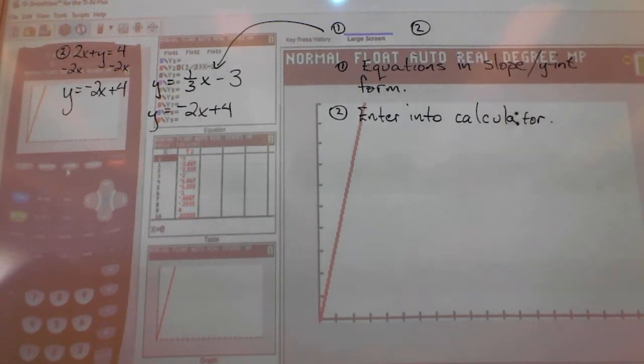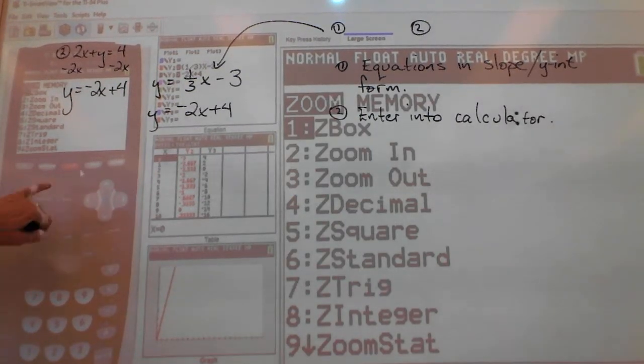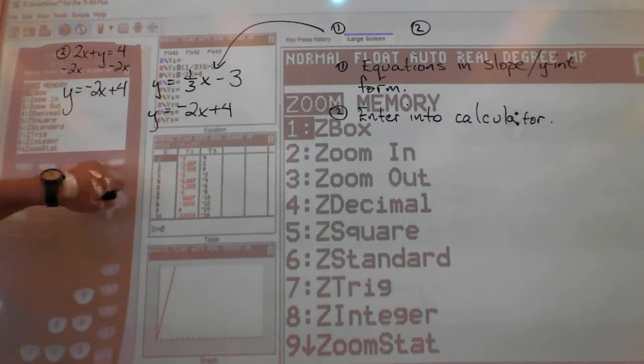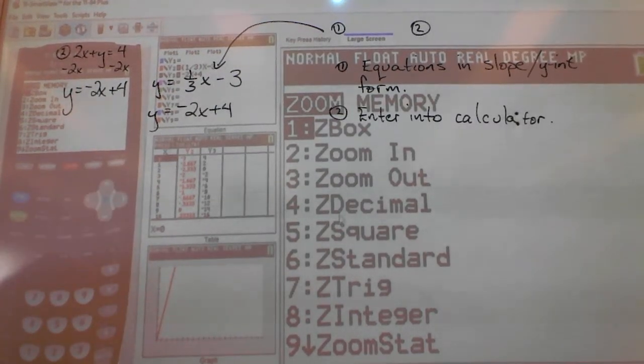Oh, just a second. There we go. If you press the zoom button, which is one of the 5 buttons that run right across the top of your keypad, and click on zoom standard number 6.